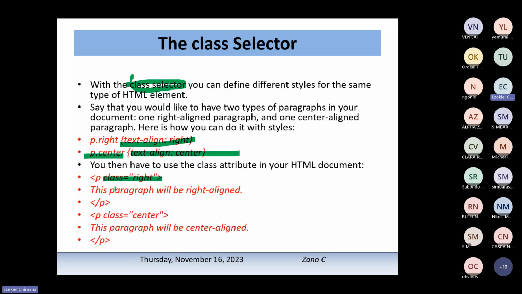It will just work as well. But what we just need to do is to make sure that in the paragraph there you put the class, and then you can use the class here as a selector.